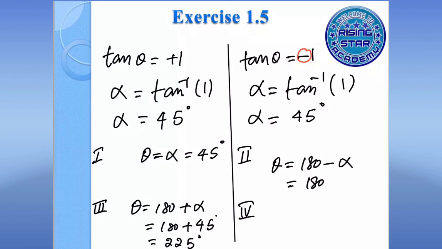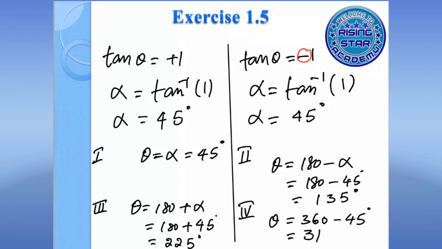So 180 minus 45 degrees would become 135 degrees. For the fourth quadrant, the theta would become 360 minus 45 degrees, so that would become 315 degrees.